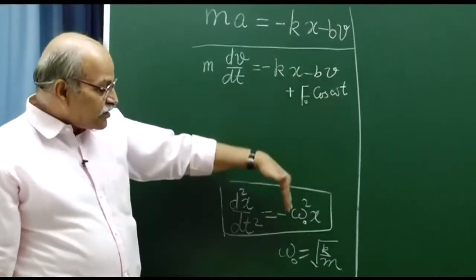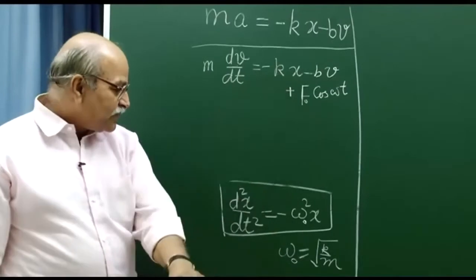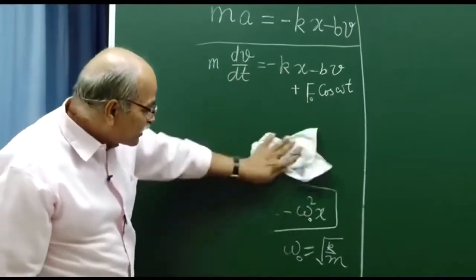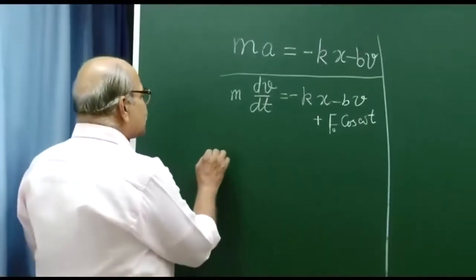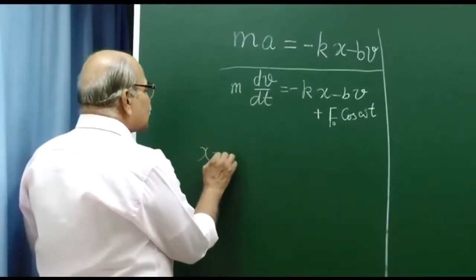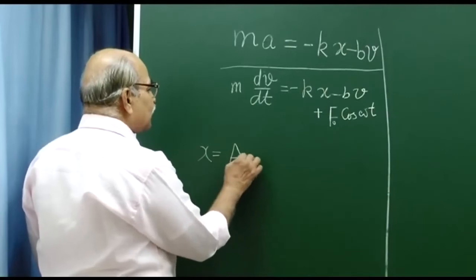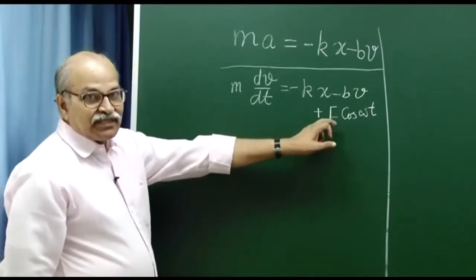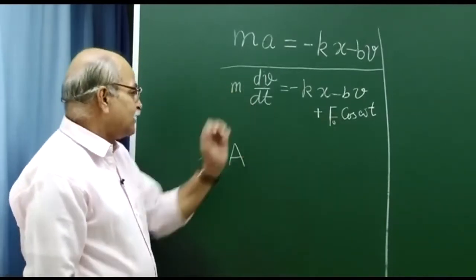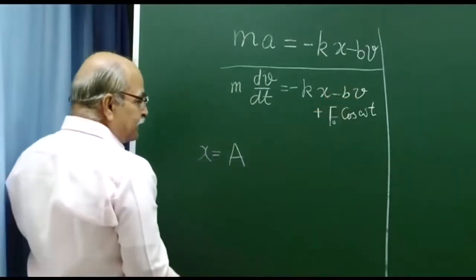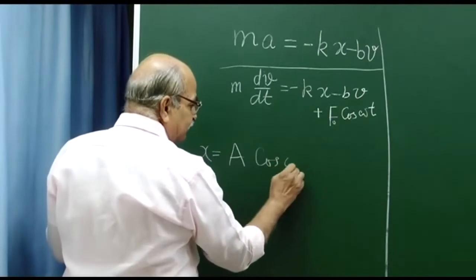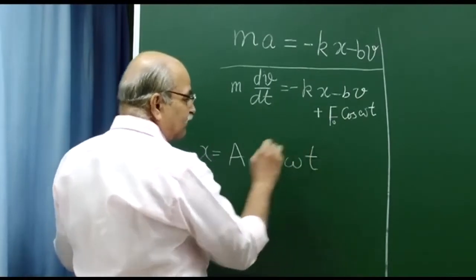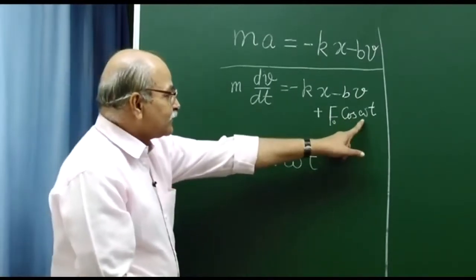Then it so turns out that your equations are modified, but finally your x turns out to be some constant, which will of course depend on how much is this f naught and how much is this m and how much is this b, times cos of this omega t.